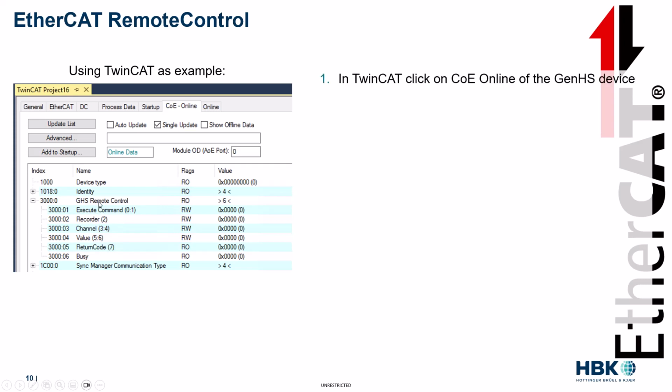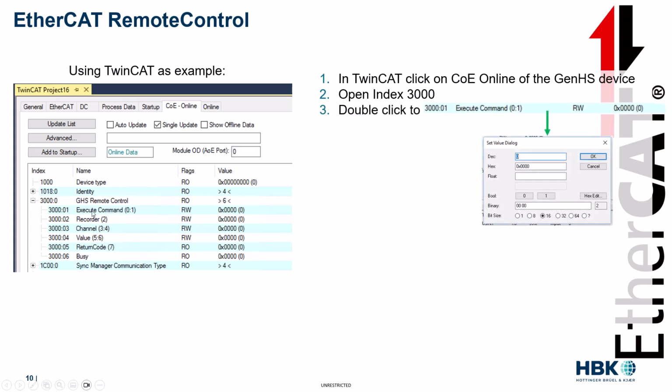If you click on the Genesis high-speed remote control button, you find everything you need. Open index 3000 and double-click 1001 to open this window where you can enter in hexadecimal or in decimal or in float the command you are going to use.